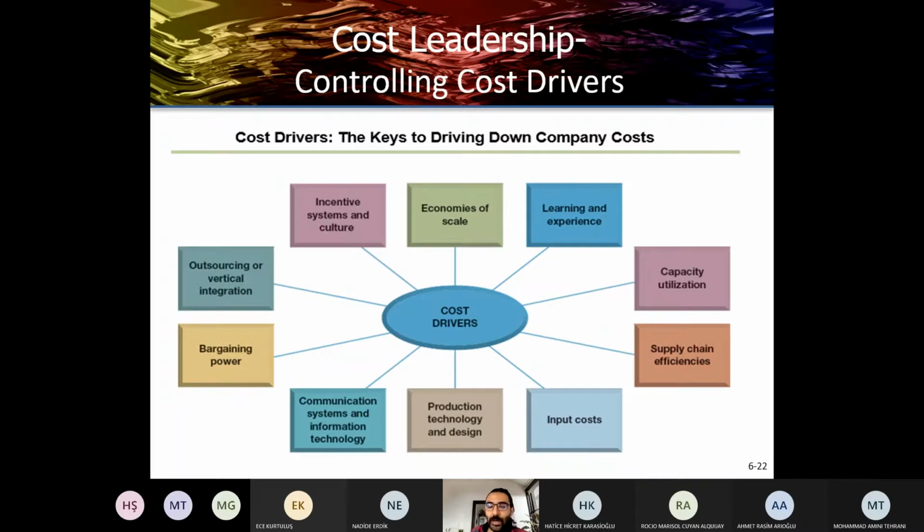And while you continue to learn and increase your experience, you can do things more easily, more cheaply. Capacity utilization also matters: if you don't use 100% of your capacity, you lose that potential money, right? So it's also important. Supply chain efficiencies.